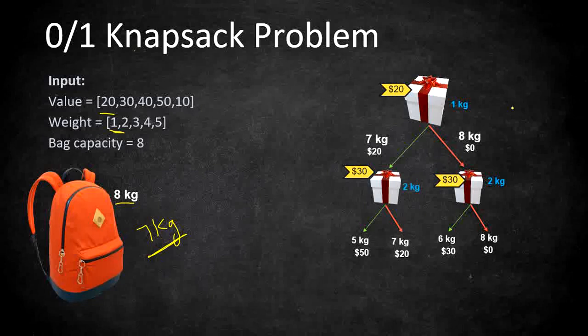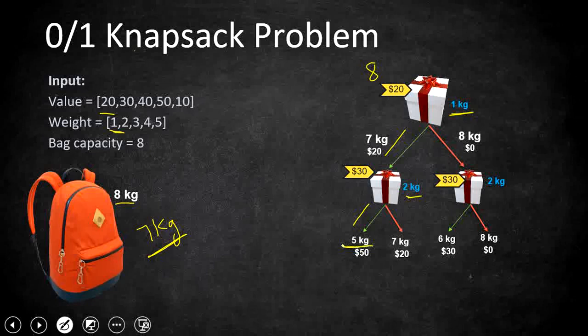That is, this part says we are considering both objects, that is the first item as well as the second item. So now from the overall capacity 8, it reduced to 7 as the weight of the first item is 1 kg, and from the 7 kg we have taken the second object of 2 kg, then it further reduces to 5 kg.